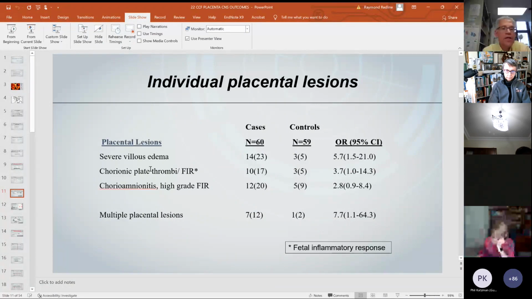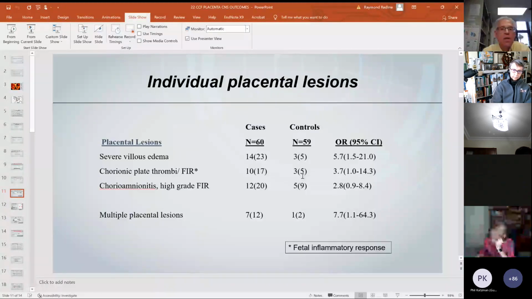And then the other lesions are related to chorioamnionitis, either chorioamnionitis with a very high-grade fetal inflammatory response seen in the large fetal vessels of the placenta, or chorioamnionitis with a fetal inflammatory response and superimposed thrombosis in those vessels, usually in the chorionic plate.